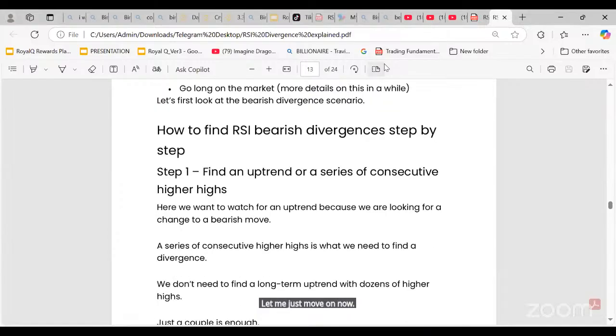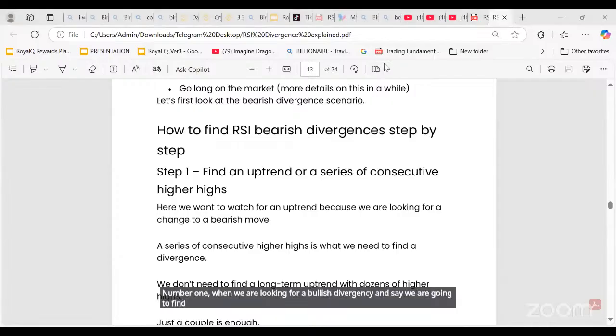So how do we find a divergence? Okay. When we are looking for a bullish divergence, step by step, we are going to find a coin on a downtrend.